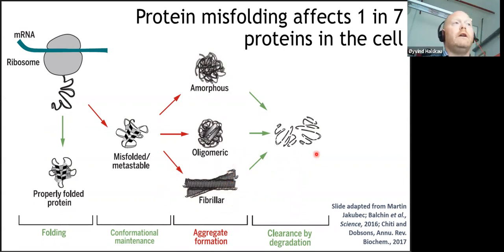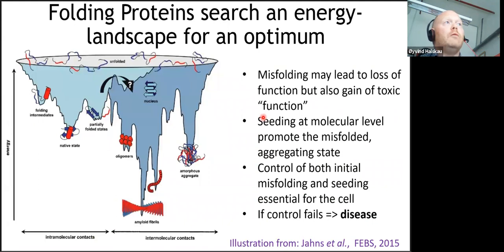So there's clearly interest in investigating these matters, and what nudges things in the right direction and what nudges it in the wrong direction. So folding of proteins is essentially a search for an energy minimum in a landscape, an energy landscape where points on this landscape reflect free energy and some conformational fold.